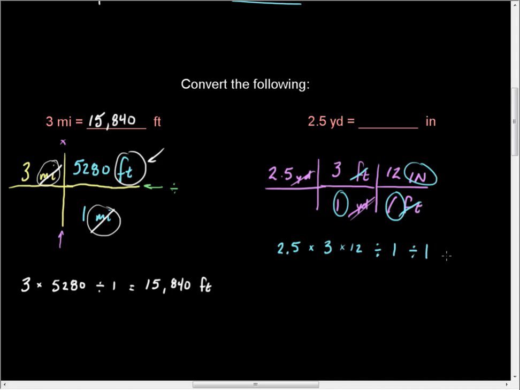The more you're in a groove, the better off you'll be. Anytime you see the 4-man luge running down the track, you'll find out, if they get out of the groove, ooh, bad news. Bad things happen. So we'll stay in a groove, just go through the motions. This is 2.5 times 3 times 12, divided by 1, divided by 1.